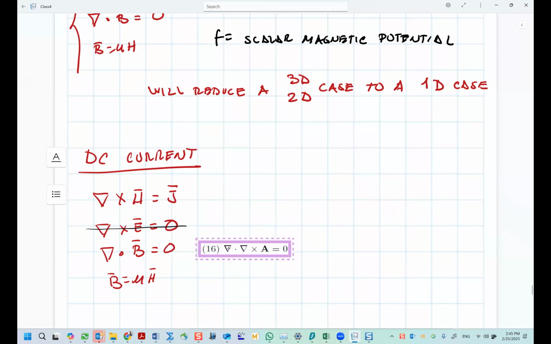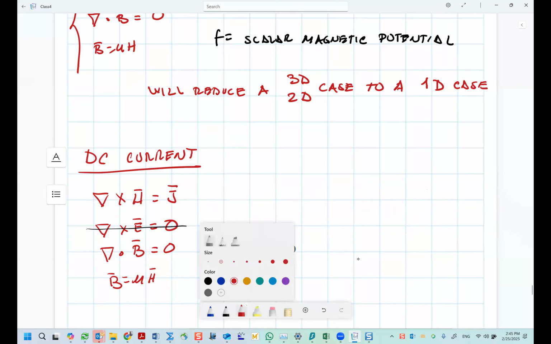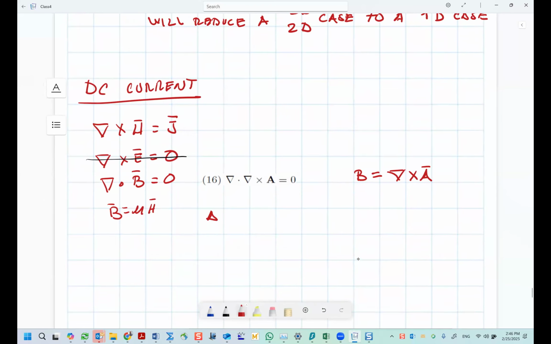So I look at this equation. This tells me that I can define B as coming from the curl of a vector A. And this vector A is the magnetic vector potential.